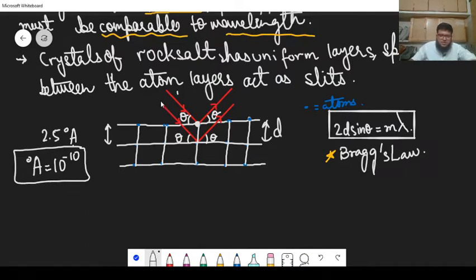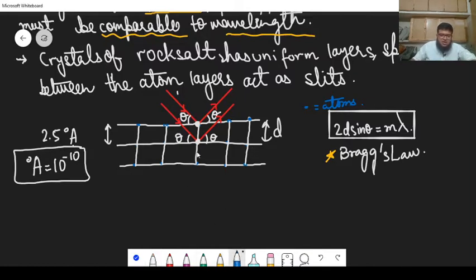Now this second wave that I have drawn comes down, but instead of hitting the first layer of atoms, it crosses the first layer and hits the atom in the next layer, the second layer that we have over here.